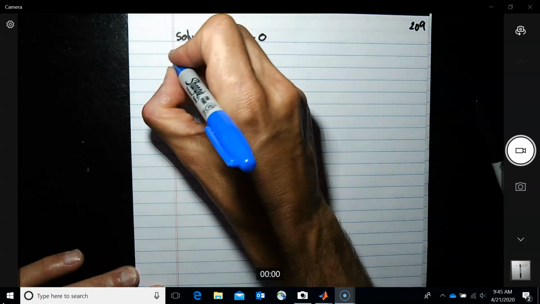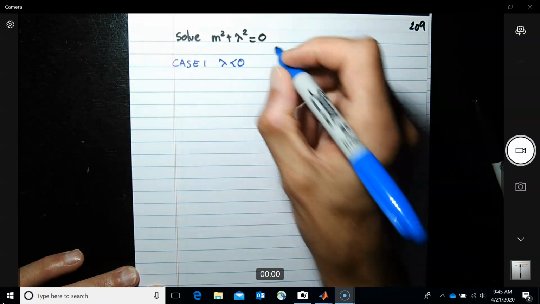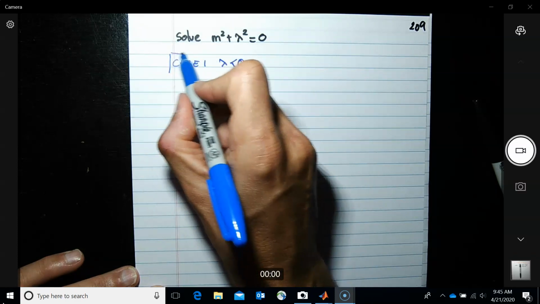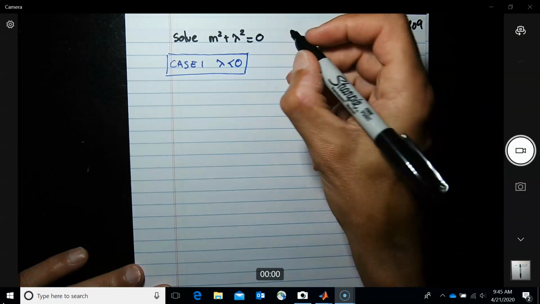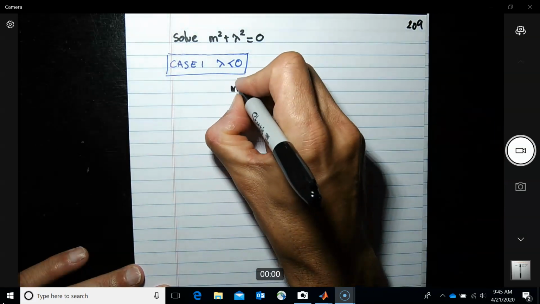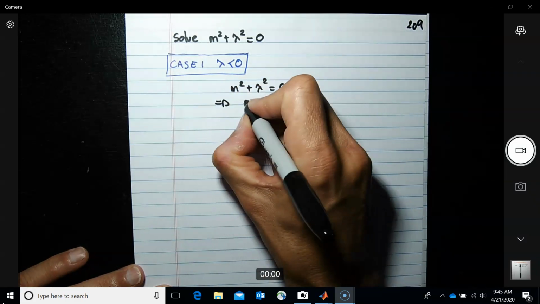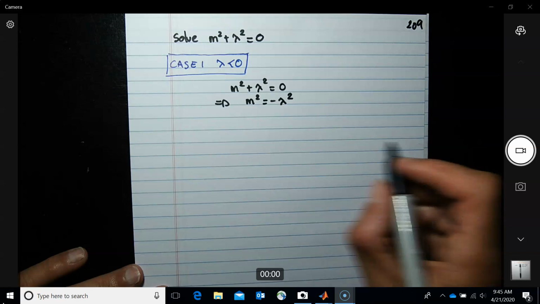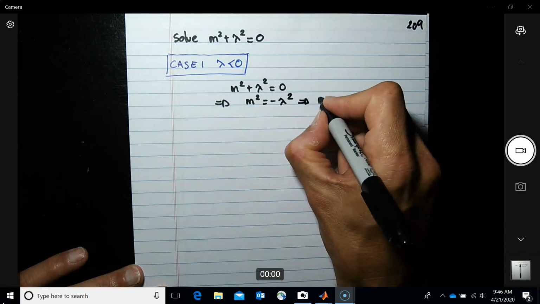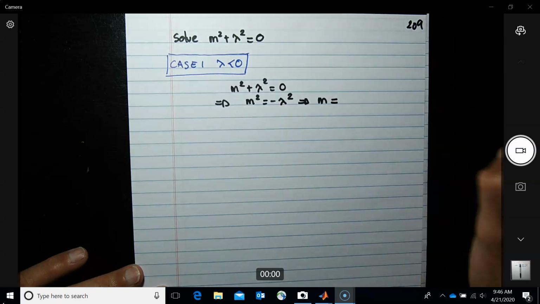So let's say case 1. We're going to look at when lambda is negative. So in that case, what do you have? m squared plus lambda squared equal to 0, which means that m squared equals minus lambda squared.